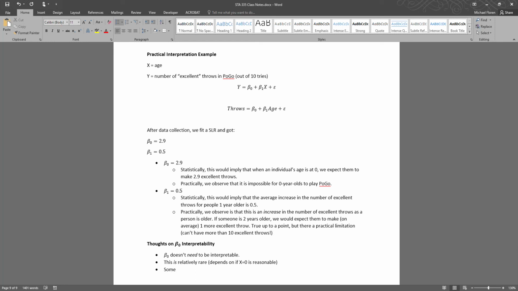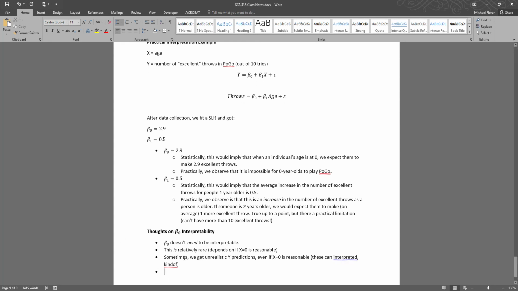It's worth noting that sometimes we get unrealistic y values, even if x equals 0 is reasonable. And these can be interpreted, kind of. So you can interpret this. This is something I mentioned earlier in this video, where you can get unrealistic values but still can interpret them.